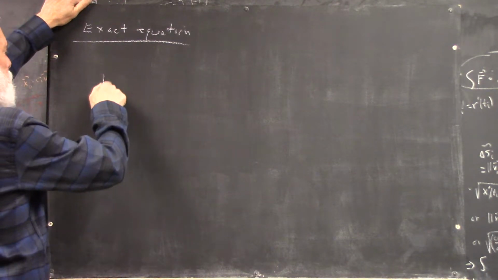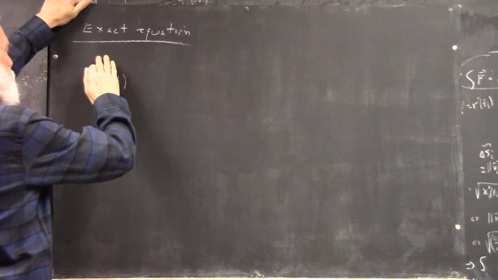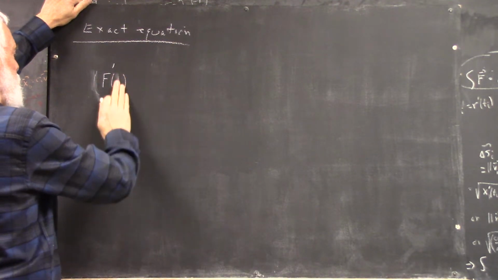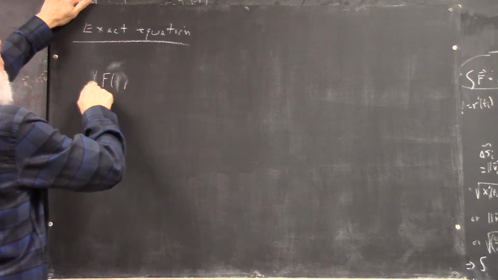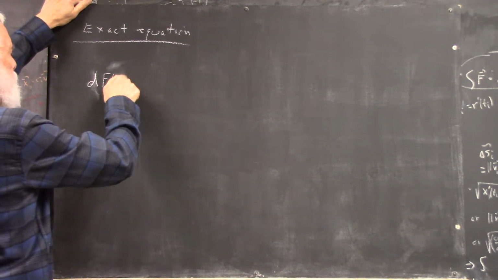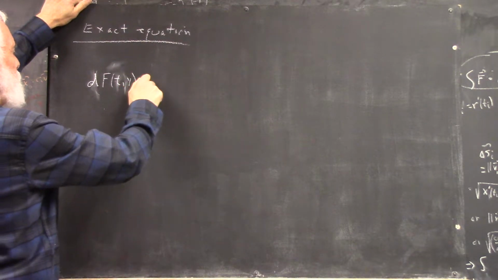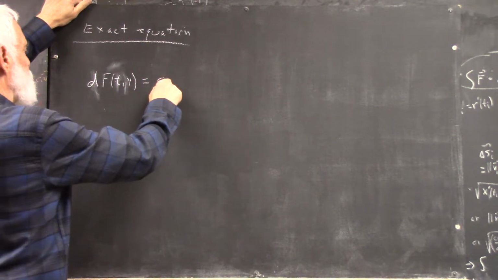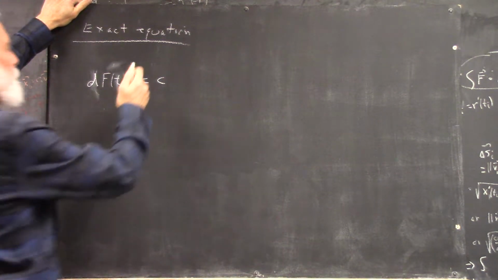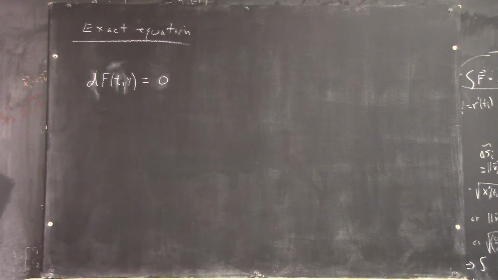I'll use a capital F. And the differential of F of t, y equals 0. Okay?